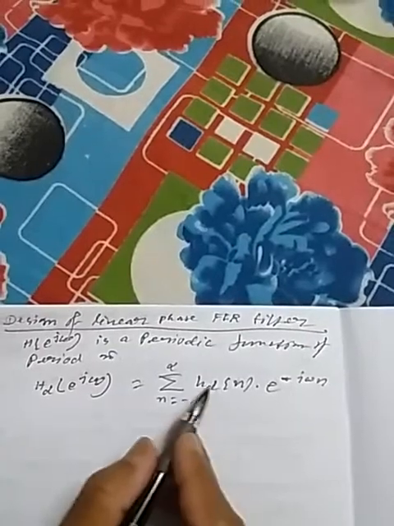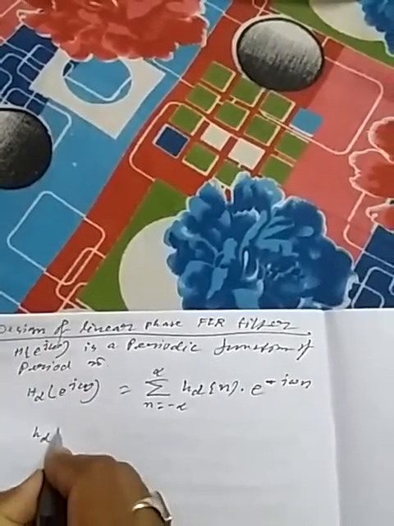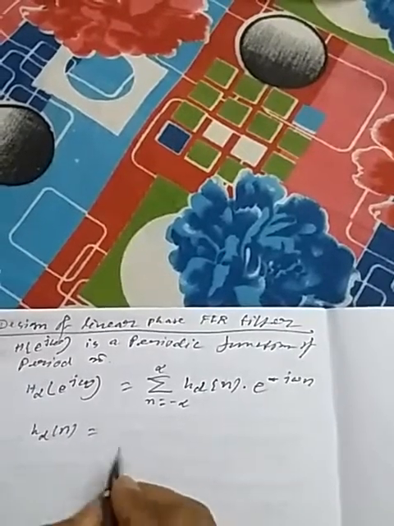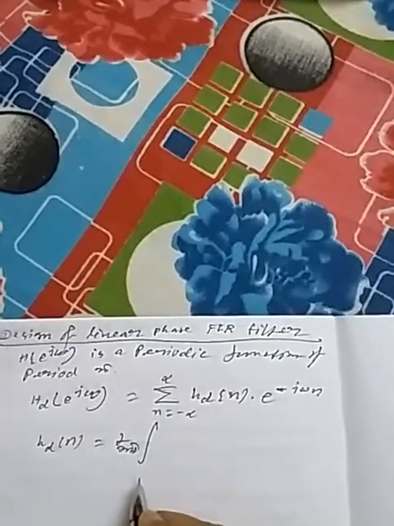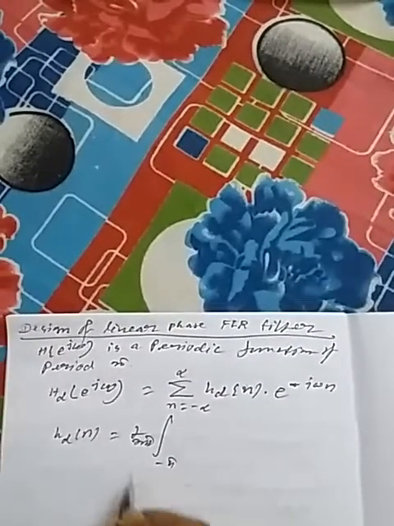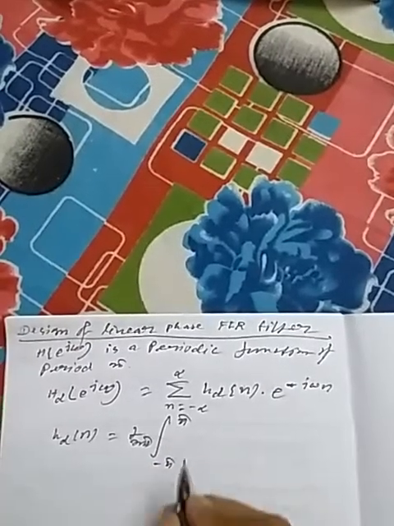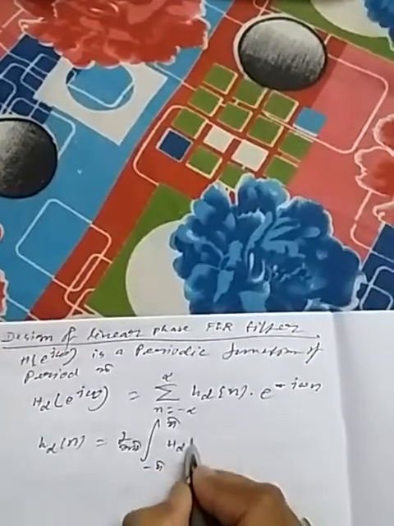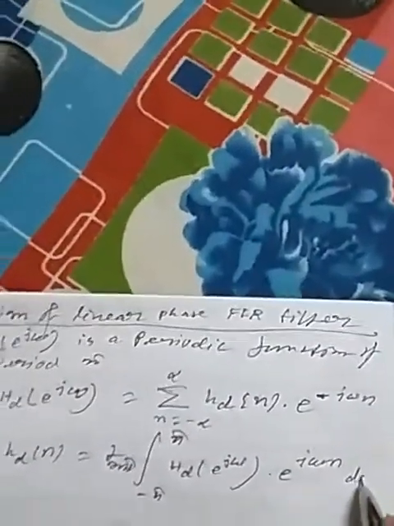Now this desired impulse response can be found by using this formula. So H_D(n) can be found by using the inverse Fourier transform formula, that is 1 by 2 pi integration over minus pi to pi of H_D e to the power j omega into e to the power j omega n d omega.